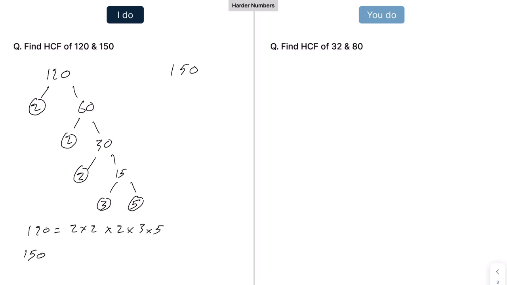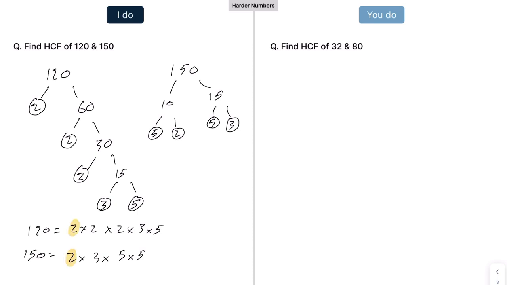And then we have 150. For 150, we could go 10 and 15. Again, you could have gone down the even route as well, but it's really up to you what way you go. And 15 is going to be 5 and 3. So that gives me 2 times 3 times 5 times 5. Look for matching pairs.